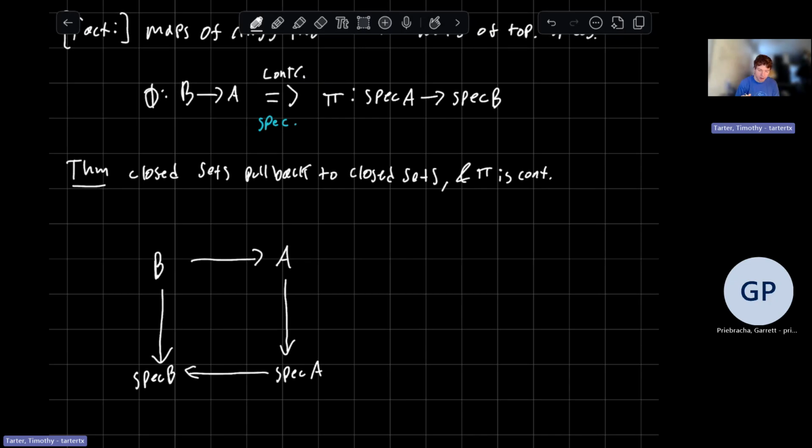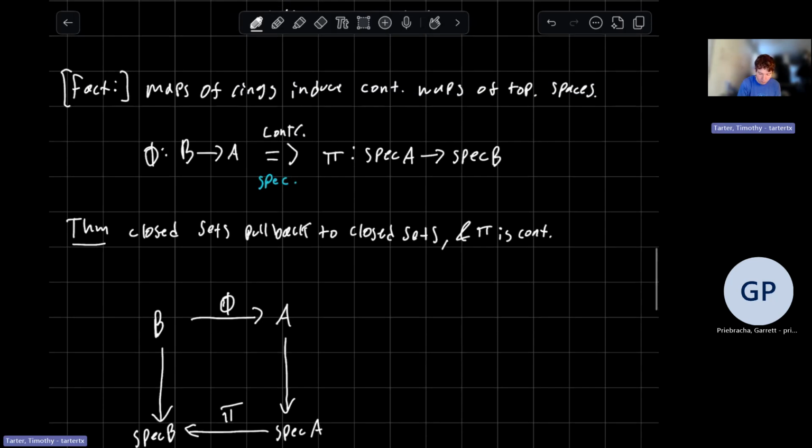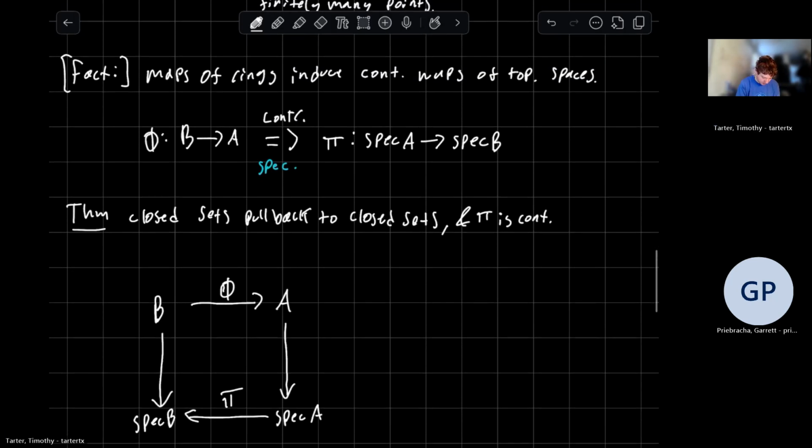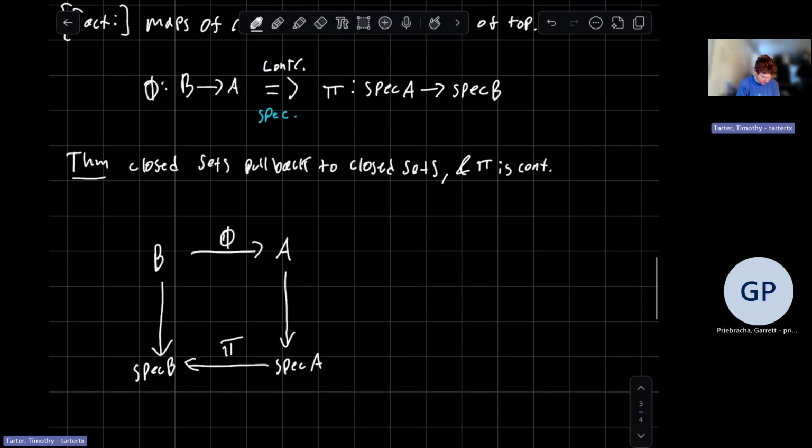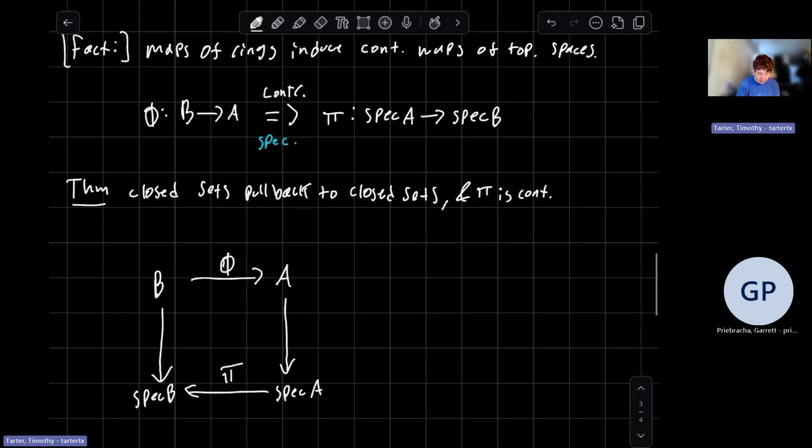So we have, so this is phi, this is pi, and then we want to say that the Spec functor is contravariant from rings to topology.